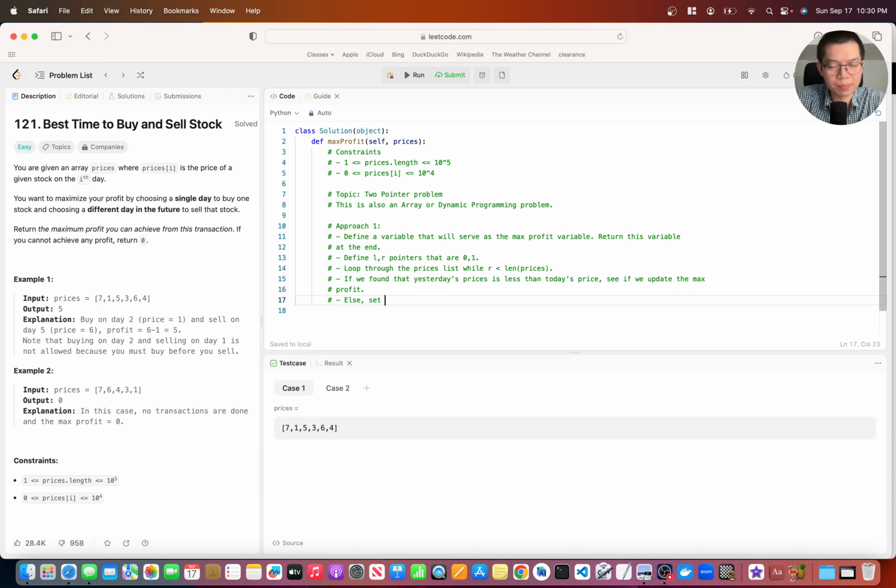Else set left equal to right, because if we find that yesterday's price is greater than today's price, then you set left equal to right, and maintain that this is the new minimum price. Return the answer.